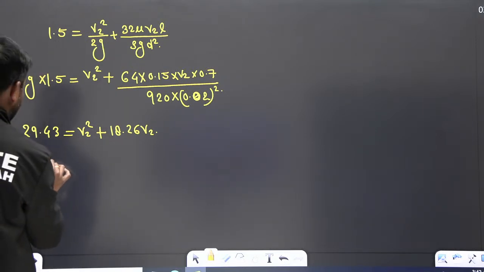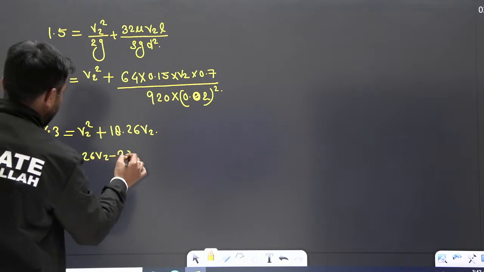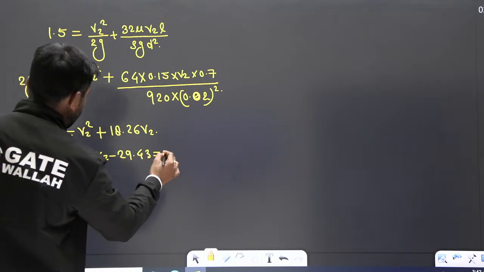So this is a quadratic equation: V2 square plus 18.26 V2 minus 29.43 is equal to 0.